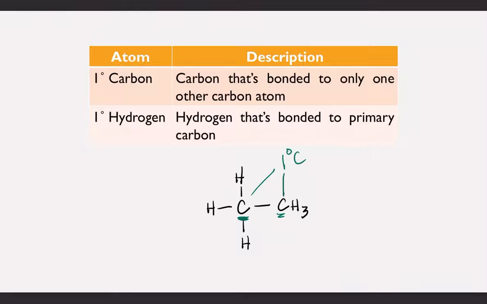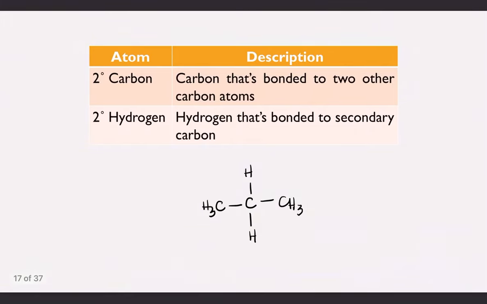So that means it is also a primary carbon. How about your hydrogen? This hydrogen is attached to a primary carbon, therefore it is a primary hydrogen. Same goes for the rest. How about this one? It is a primary hydrogen as well because it is attached to the primary carbon.